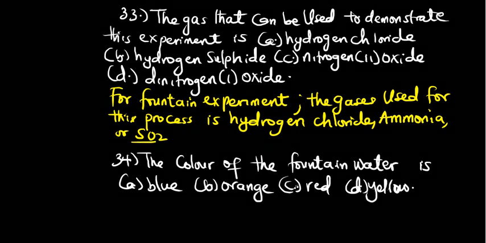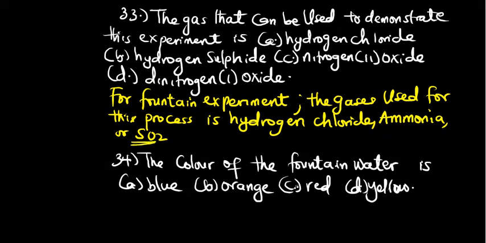But SO2 is not that common. Hydrogen chloride, that is HCl, and ammonia, that is NH3, are very common. So these are the two main gases that we normally use for fountain experiments.